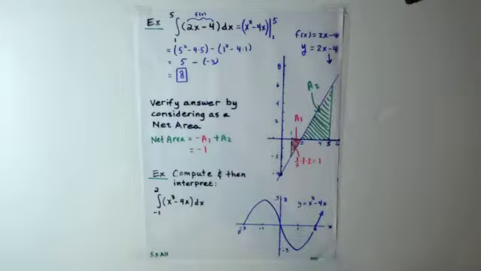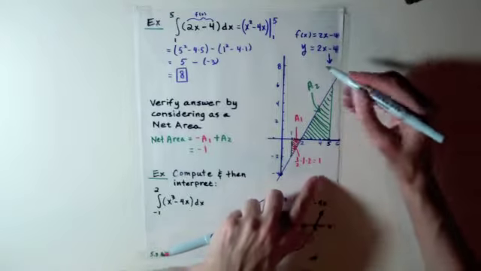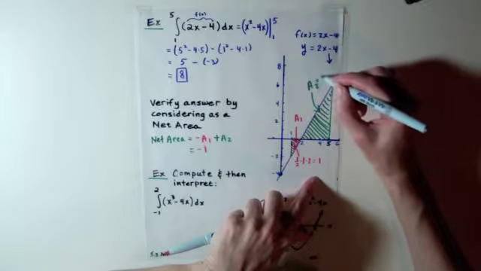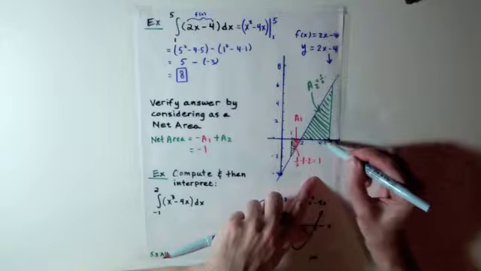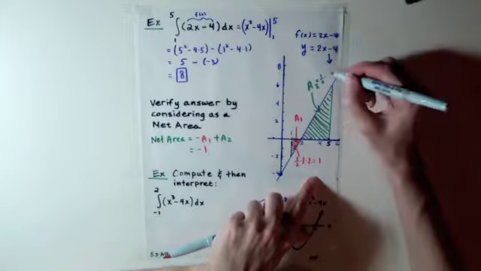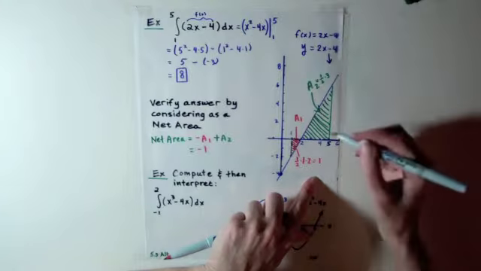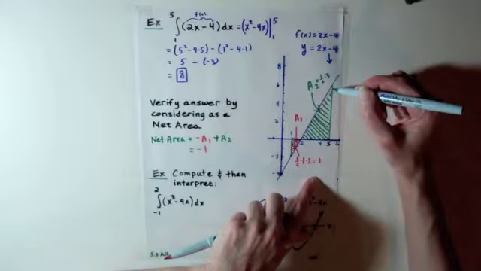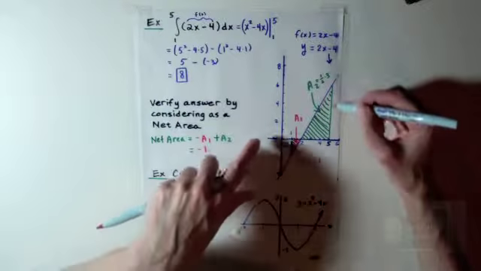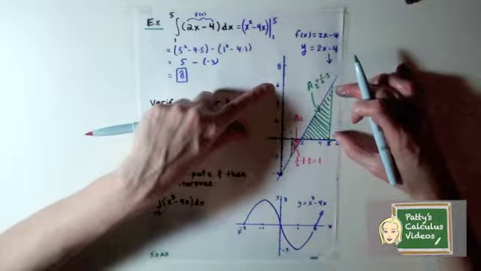And A2 is also a triangle. That makes it very convenient. And so if I want area A2, it's 1/2 its base. Well, how long is its base? It goes from 2 to 5. 5 minus 2 would be 3. So it has a base of 3. And the height here might be a little hard to tell from my graph, but I could plug 5 into my function to see what the output value is.